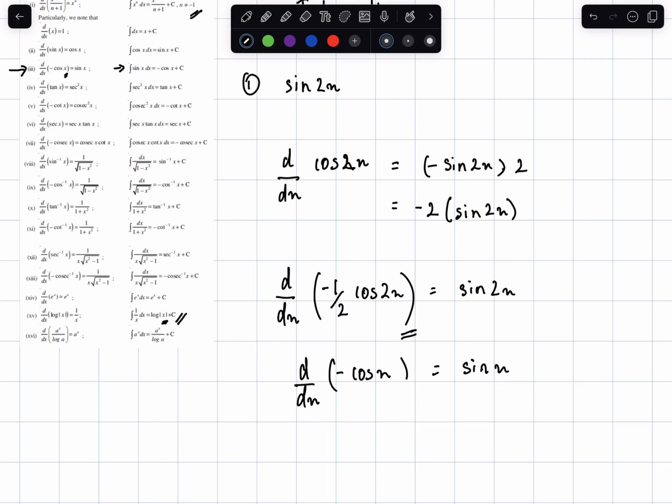And if I integrate sine x, I get minus cos x, as shown here, correct? If I integrate sine x dx, I get minus cos x plus c.